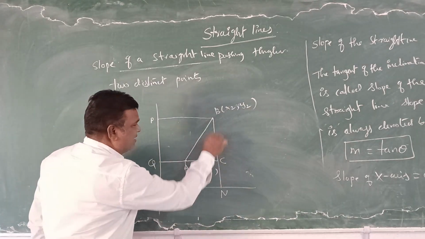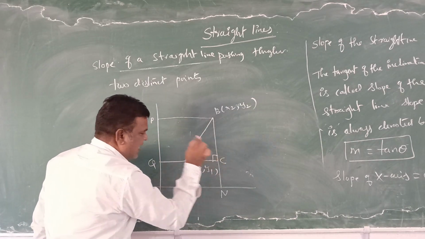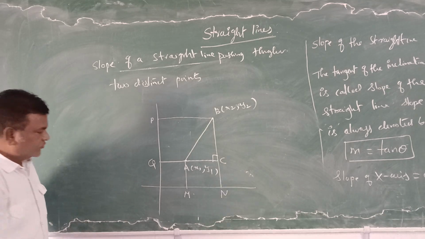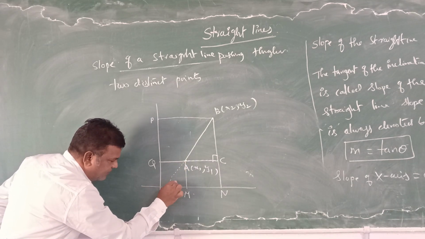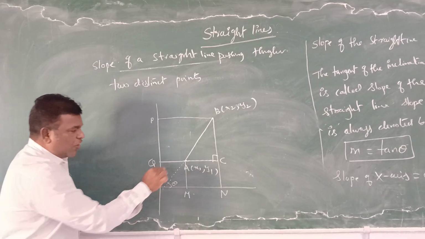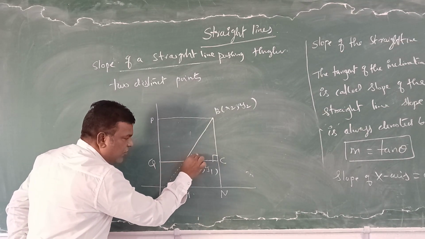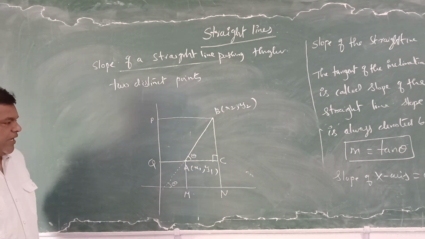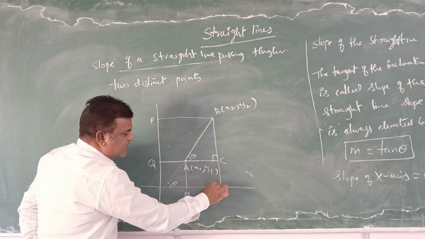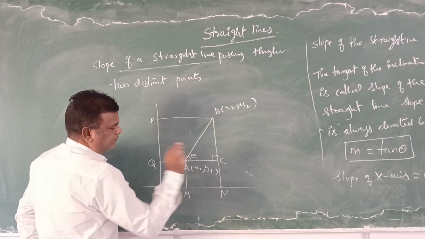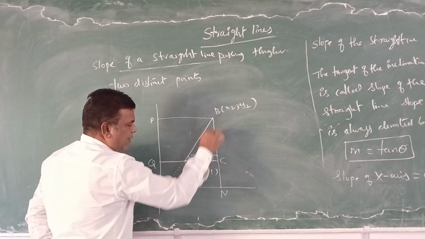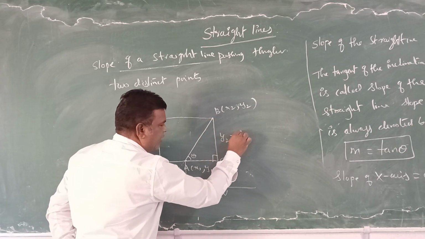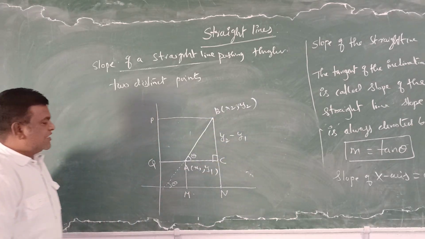Now, ABC is a right angle triangle. On extension, this line makes an angle theta with the positive x-axis. Obviously, this angle is also theta. So the entire distance BN is y2 and NC is y1, and BC is equal to y2 minus y1.